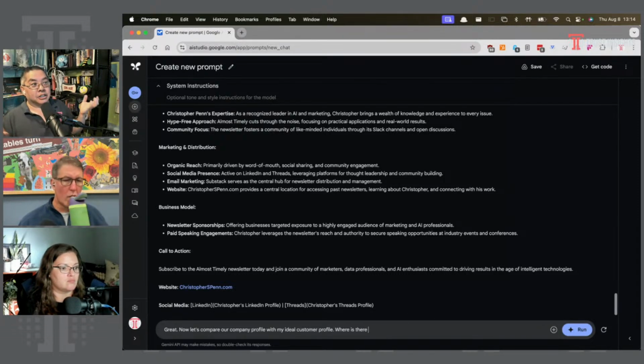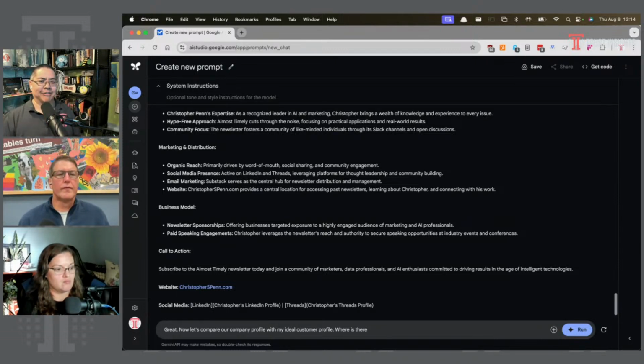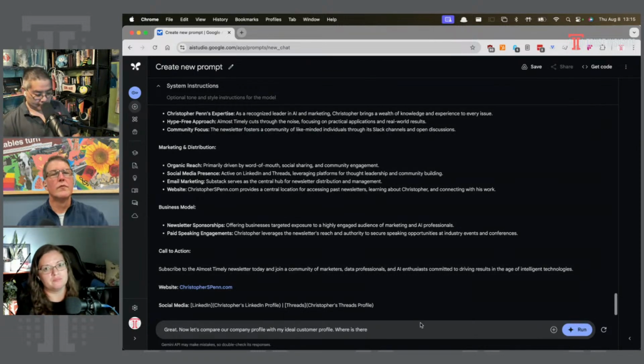That disconnect is going to make it very hard to get value out of an ideal customer profile, because the map says turn right, and you're like, I'm going left, and you can't tell me otherwise. And it's just not going to end well. So I think that's an important consideration for the use of ideal customer profiles: like with all analytics, if you don't do anything with the data, or you go in the opposite direction of what the data says, you're not going to get value out of it. Right.